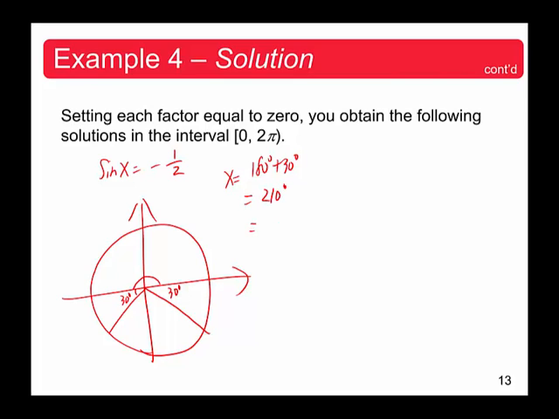And 210, if you turn it into a radian measurement by setting up the proportion, will be x over 210 degrees. So 180x equals 210 times pi. So dividing 180 degrees from both sides of the equation, you get x equal to, reduce it, it will become 7 pi over 6. That's why the first solution is 7 pi over 6.